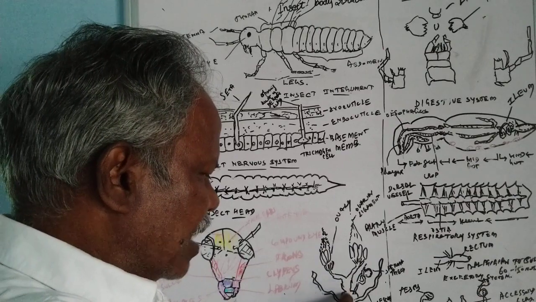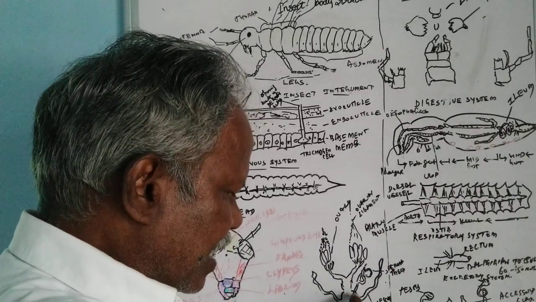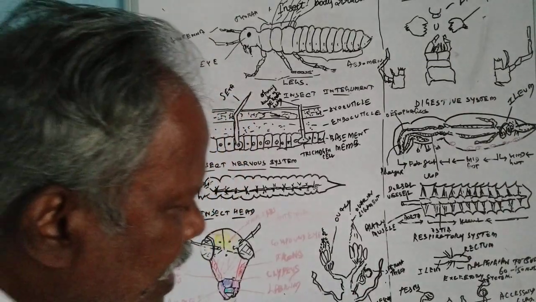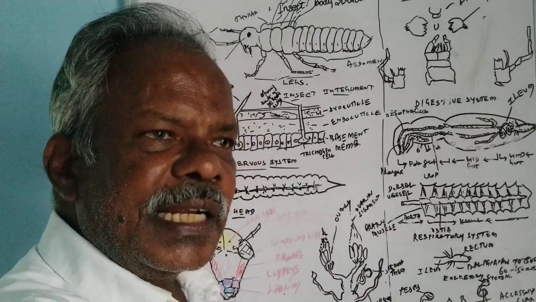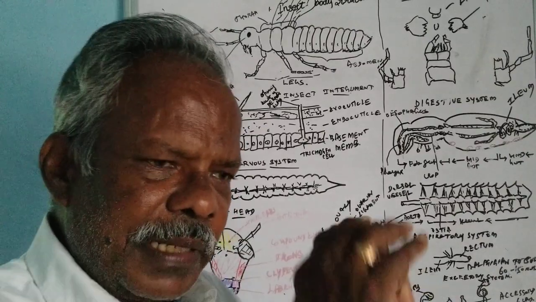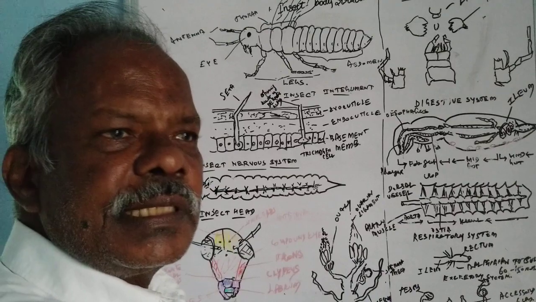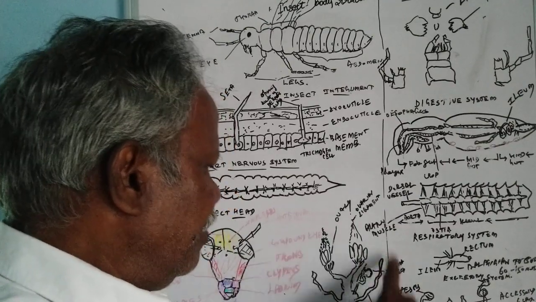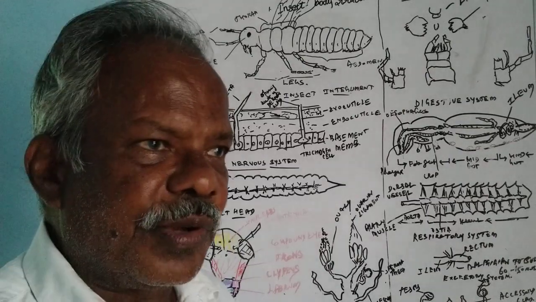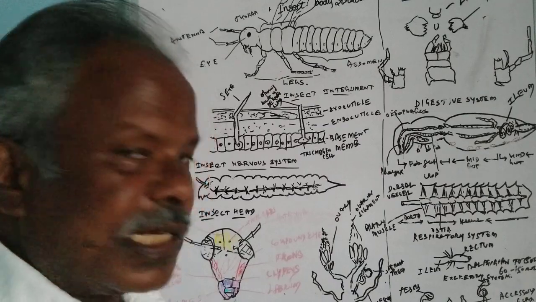That ovum comes towards the common oviduct, and through the vagina it is coming, and because of the accessory gland and spermatheca, it gets fertilized, and it gets encased and goes out of the body. So this is with regard to the female reproductive system. So we have to understand three types of ovariole, that is panoistic ovariole, telotrophic ovariole, and meroistic ovariole.